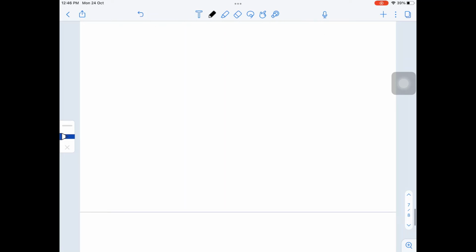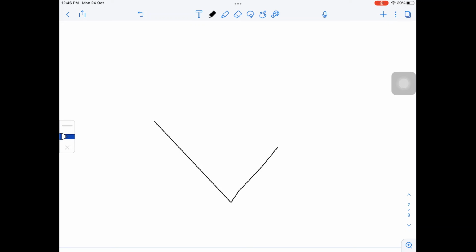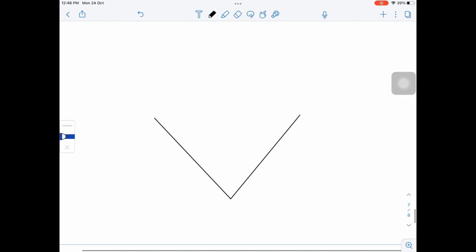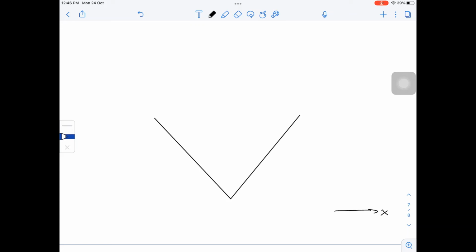Let me first draw a pyramid only in x-axis, let's say. This is a cross section. Let's say this is along the x-axis. We have the light, incoming light. Okay, I will just use the black color. This is the incident light.